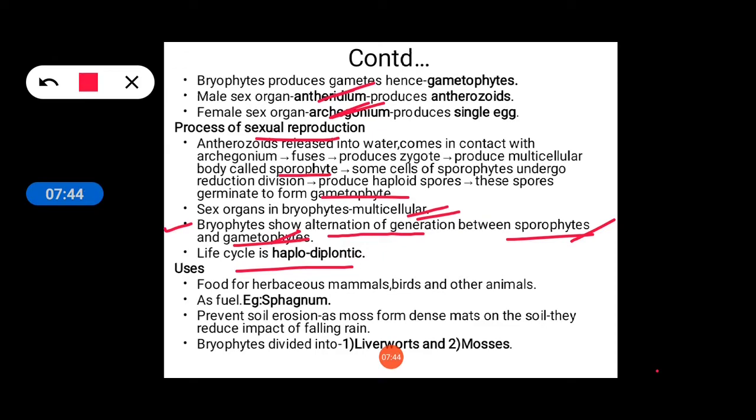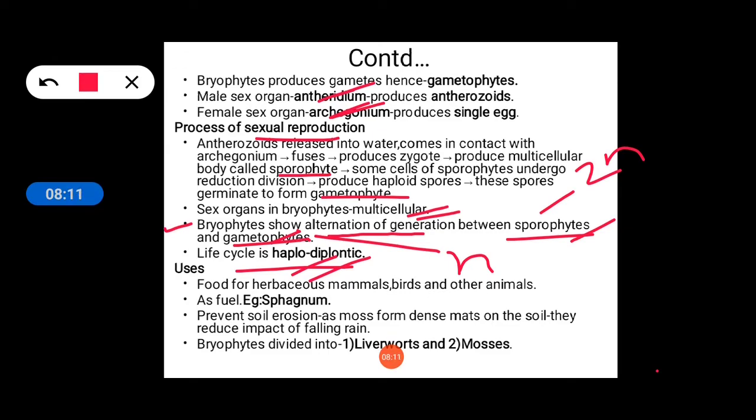That means the sporophytes are diploid, that is 2n, and the gametophytes are n. So here comes the term haplodiploidic.